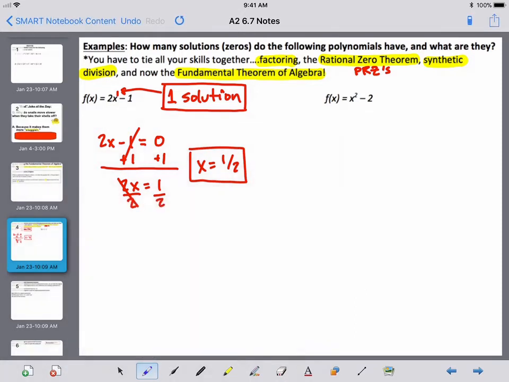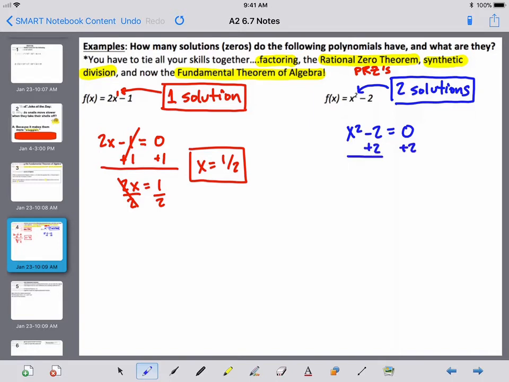All right, let's look at a second example. I notice that the highest power here is 2, meaning I have two solutions. Now to solve that, we're going to take the function and set it equal to 0. I'm going to solve this using square roots, meaning I need to add 2 to both sides, giving me x squared equals 2.